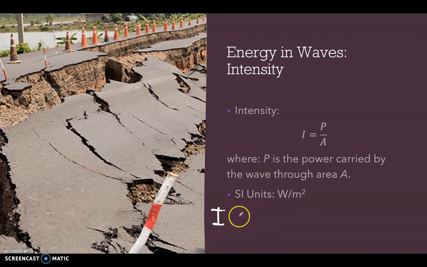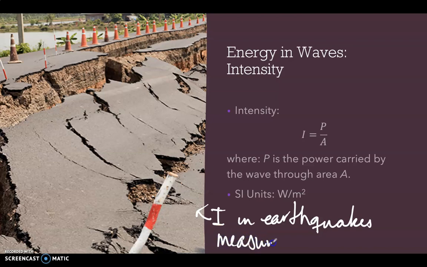And this intensity in earthquakes is measured by what we call the Richter scale. So the intensity, or the power over the area, is measured by the Richter scale. So this is, again, a real-life application.